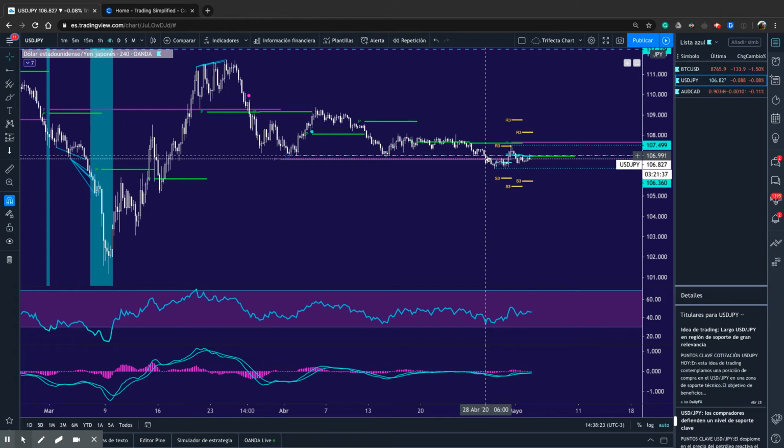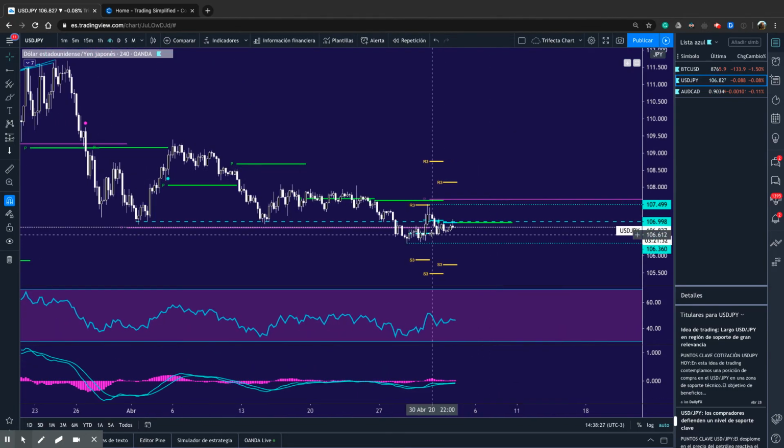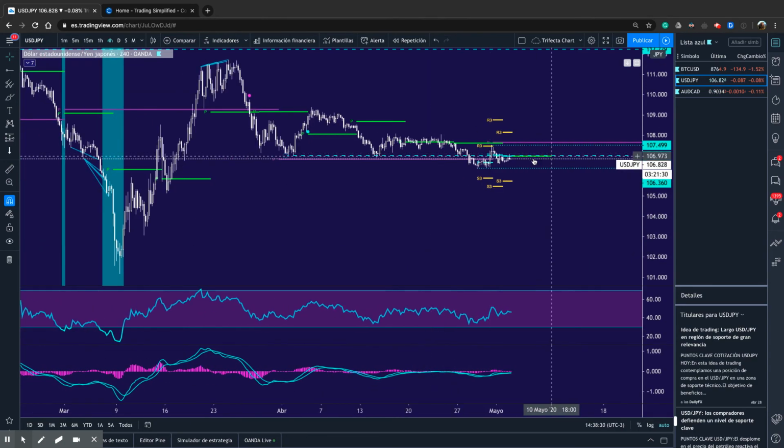So I think the good thing to do is wait, and if we break over here, we can place a short in the direction of the last low, and if we break the highs here, we can target the last high of this resistance, and we should see what the price does.